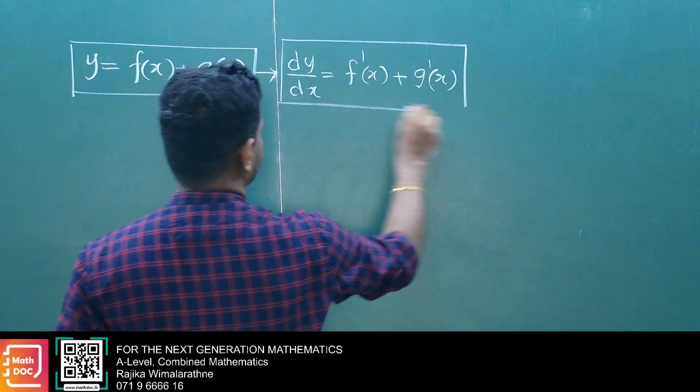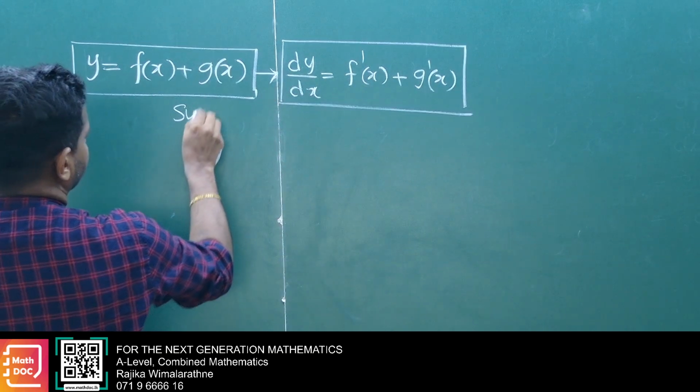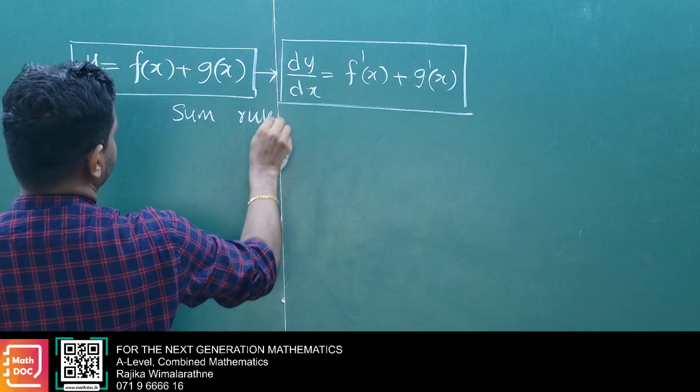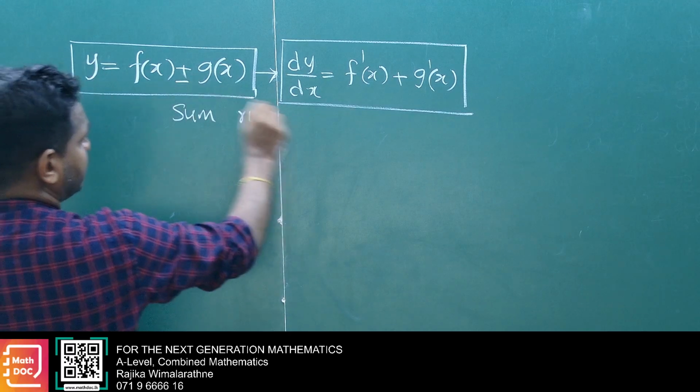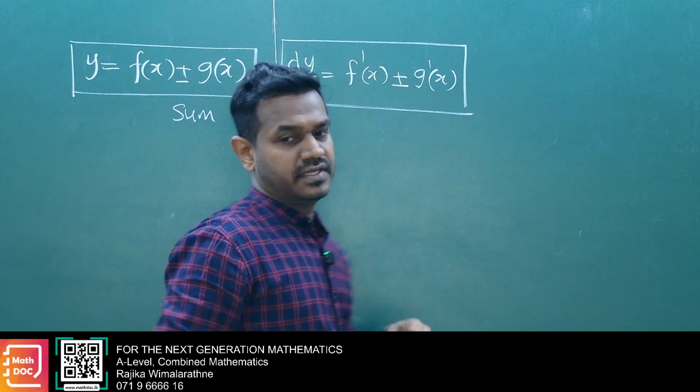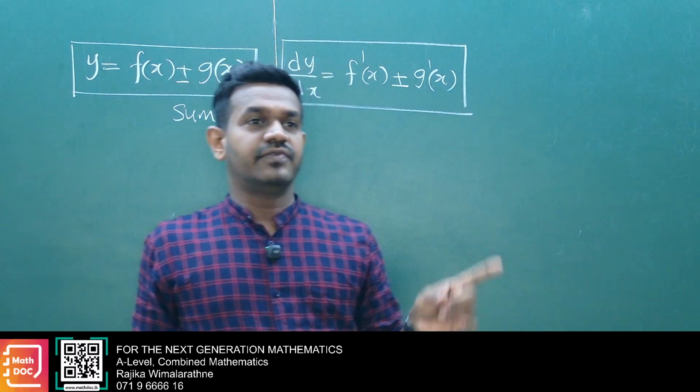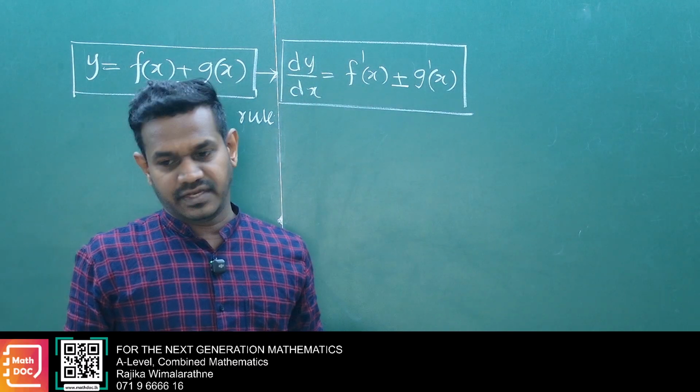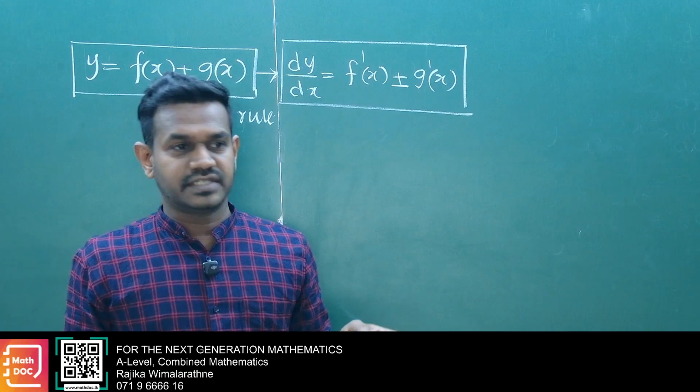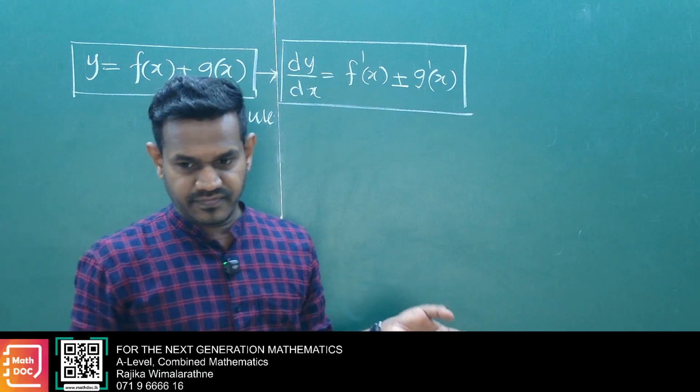This is called the sum rule. If you have minus here, you can do the same. So constant times function, derivative is constant times derivative. Sum of two functions, derivative is the sum of derivatives.